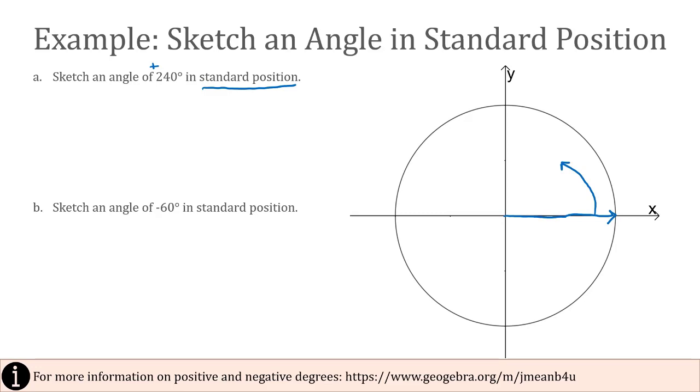We learned before that when we terminate on the positive y-axis, that is where 90 degrees is at.